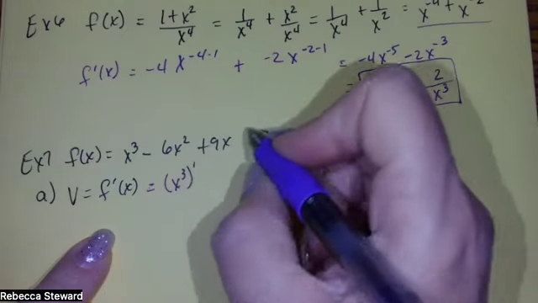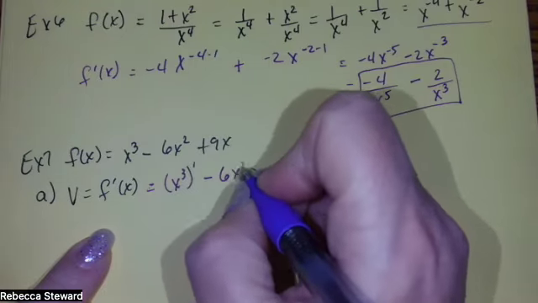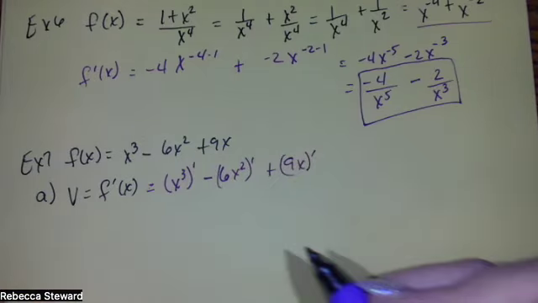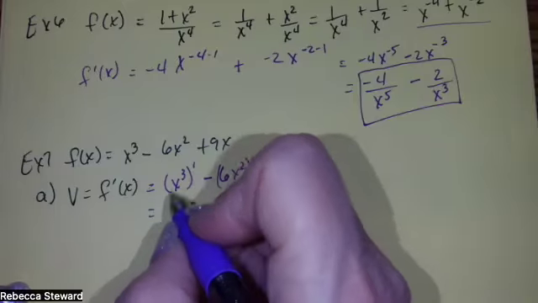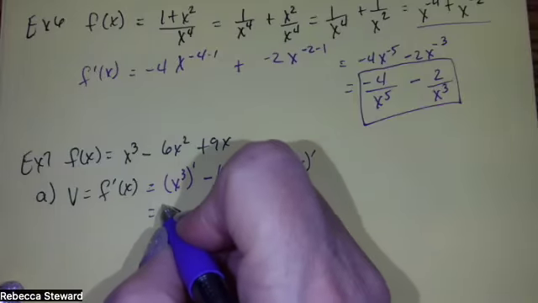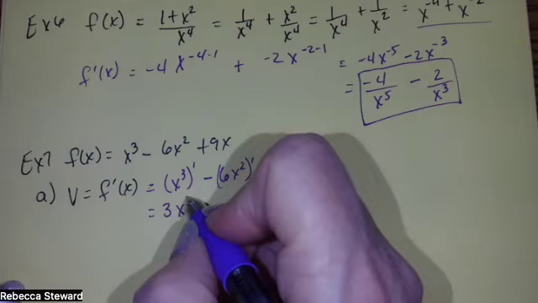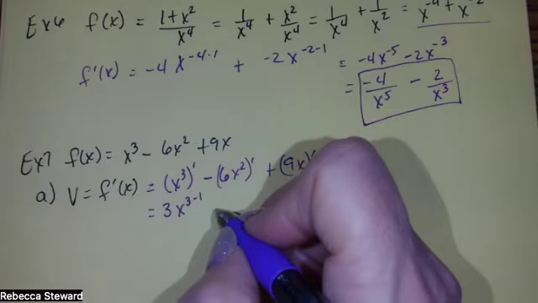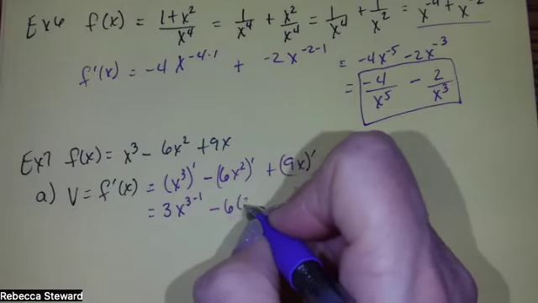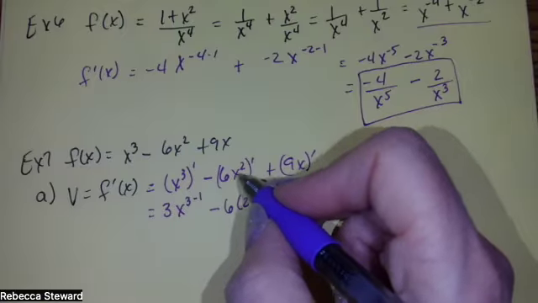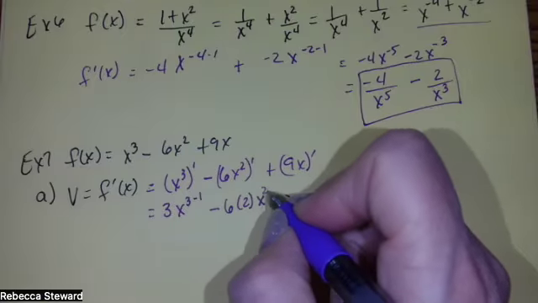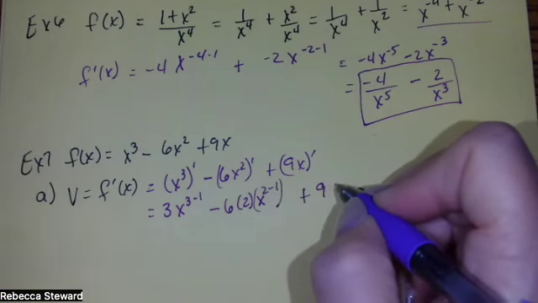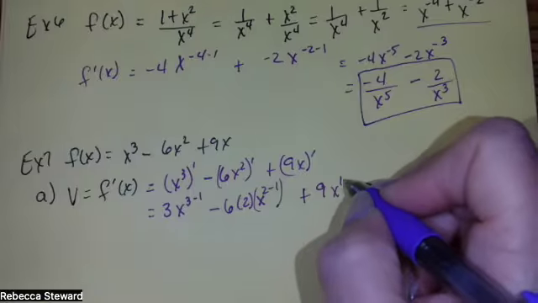So we have x cubed prime minus 6x squared prime plus 9x prime. So this will become 3x to the 3 minus 1. And again, you could just start writing that as 3x squared, minus 6 times the 2 to the x of 2 minus 1, plus we'll have 9x to the 1 minus 1.